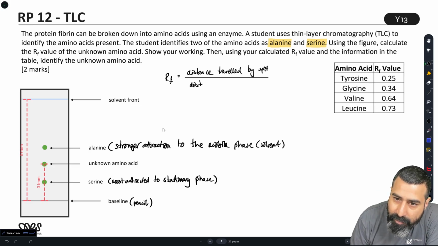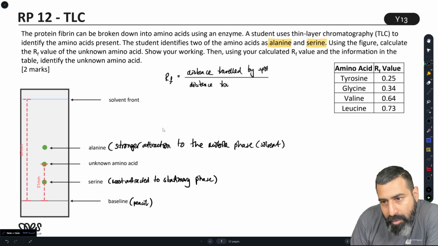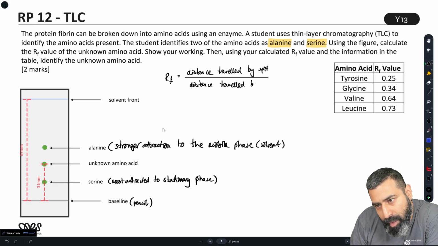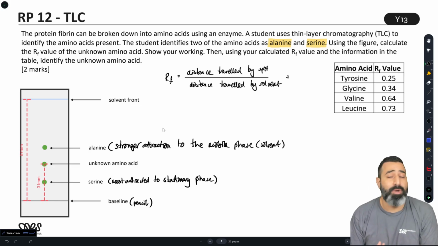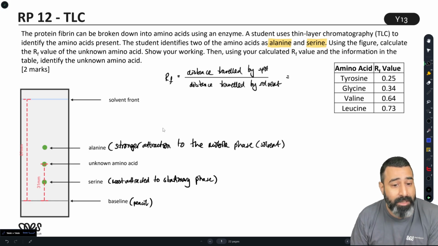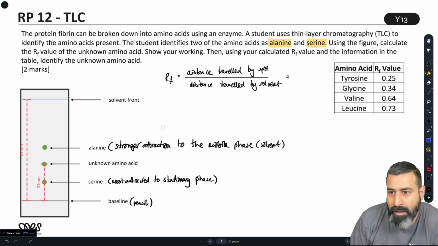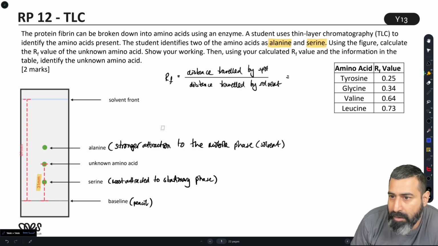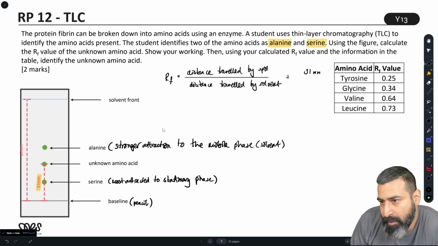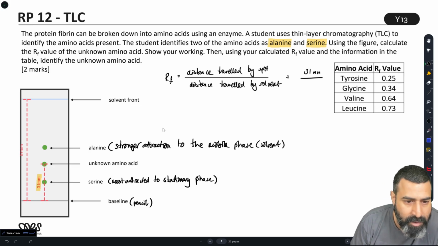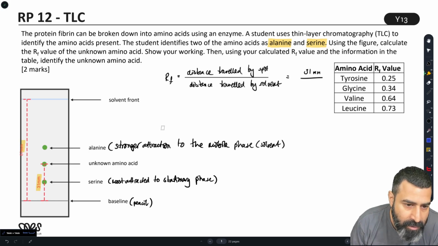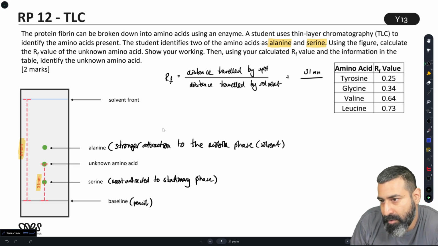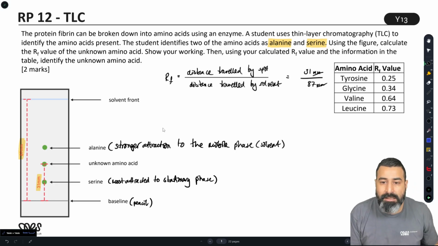Now we're going to substitute our values in, and we're going to get a number for the RF value for the unknown amino acid. The unknown amino acid has traveled 31 millimeters, so that is our numerator. And the solvent has traveled 87 millimeters, and that is our denominator. Then we process this, and the millimeters are going to cancel out.